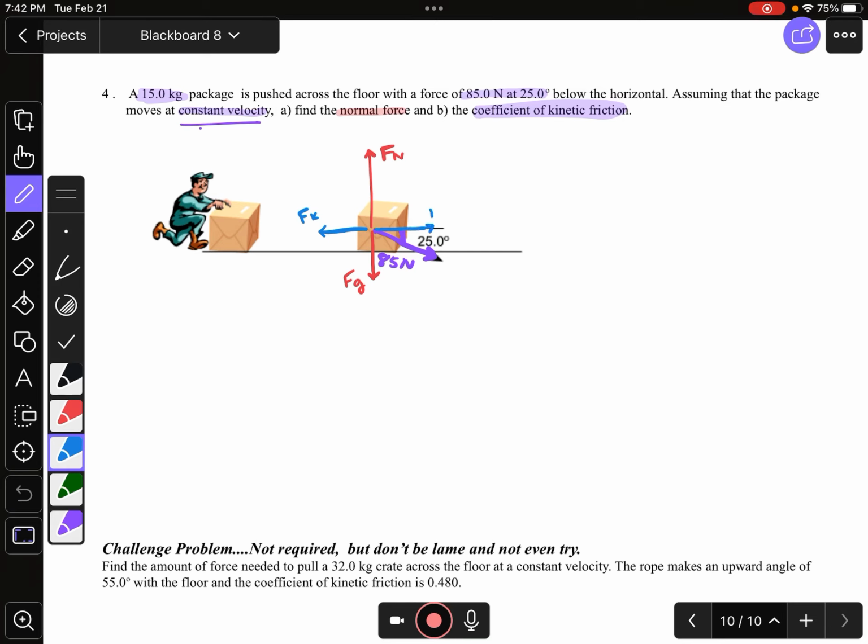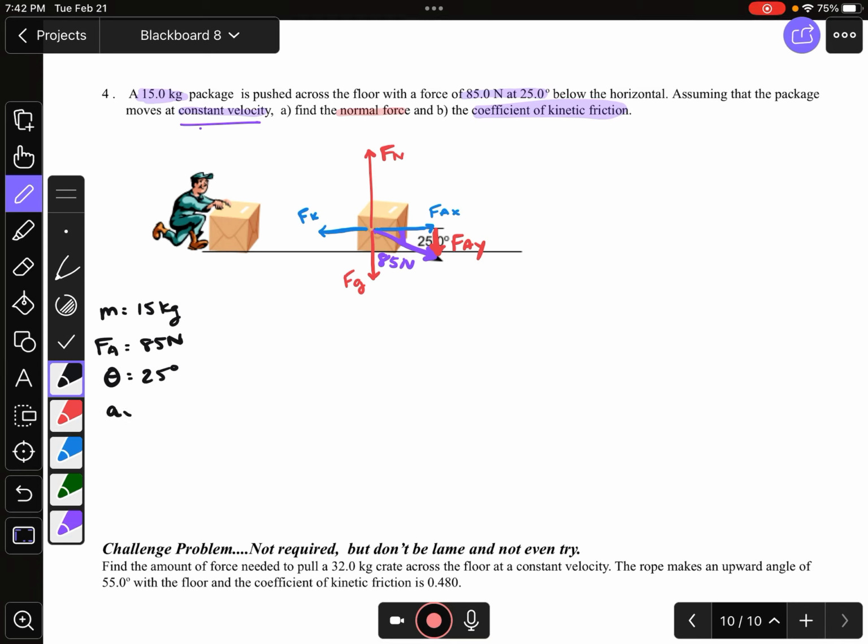It's an applied force, so FA in the X direction, and then this would be going downward, FA in the Y direction. And I'm going to make myself a little list. The mass is 15 kilograms. The applied force, FA, is 85 newtons. The angle, theta, is 25 degrees. Assume that it's moving at a constant velocity.